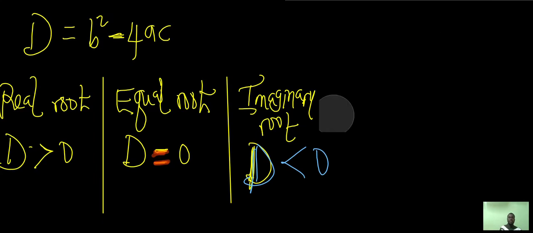Okay, settled? Now if we go back to the first 3 questions, this time we don't want to solve them. We just want to talk about the nature of their roots. First one says x squared plus 2x minus 8 equals 0.